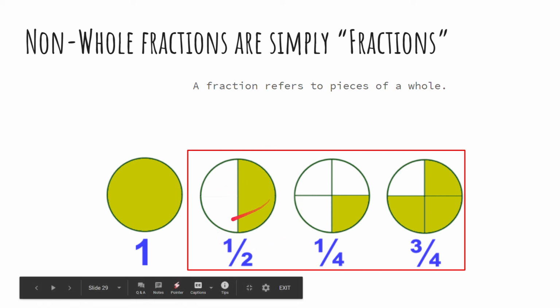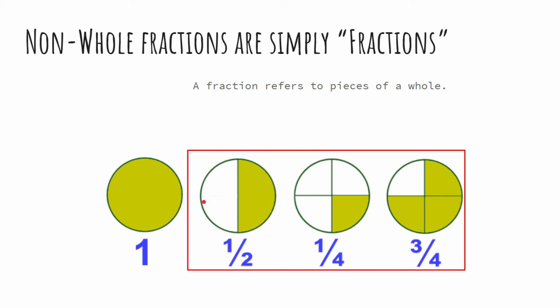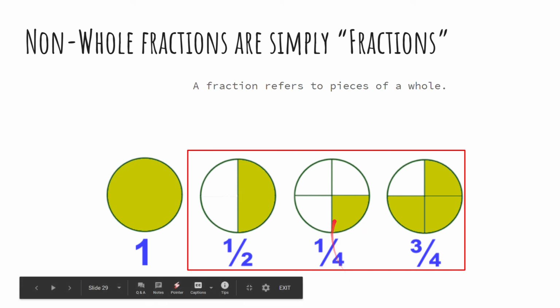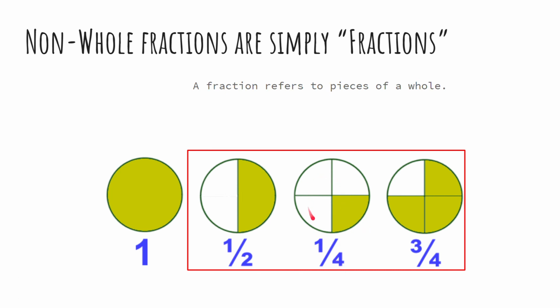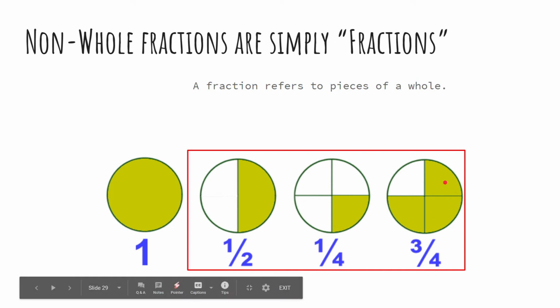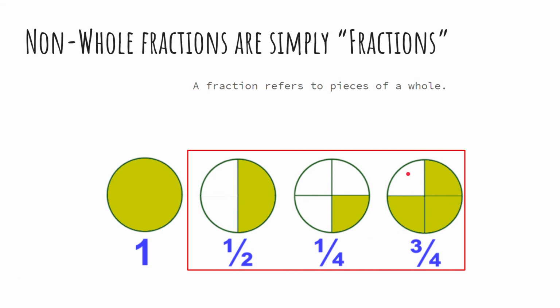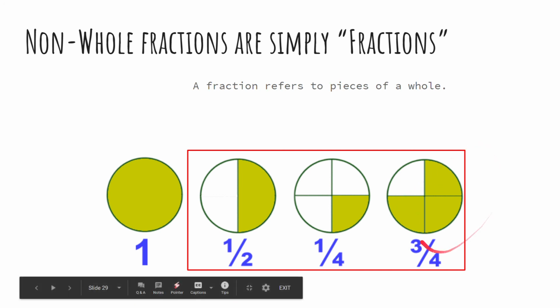In this case, it would be half or 1 out of 2 pieces for both the white or the yellow. In this case, it would be 1 out of 4 pieces for the yellow and 3 out of 4 pieces for the white. And 3 out of 4 pieces are yellow in this one, and 1 out of 4 pieces are white in this one. So in these cases, we're never talking about the entire thing. We're always talking about parts of the whole, this being the whole.